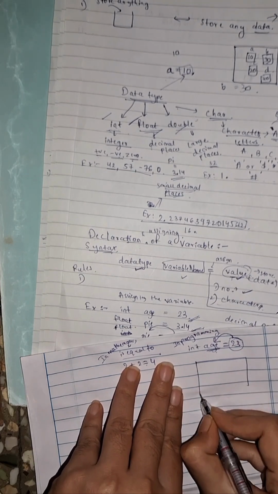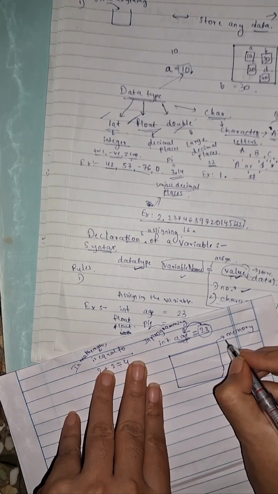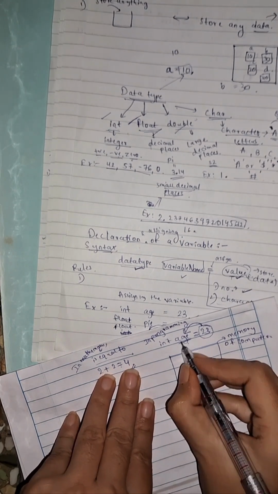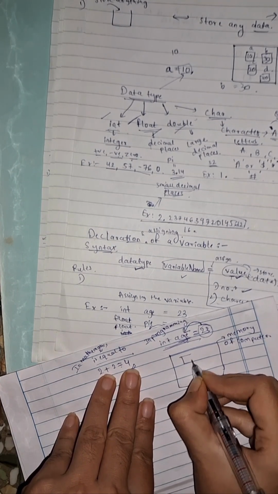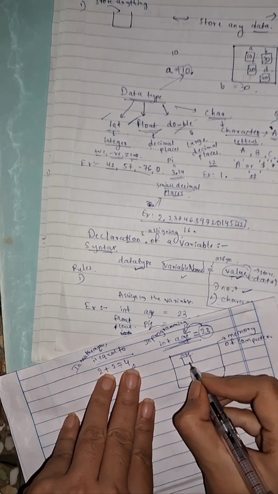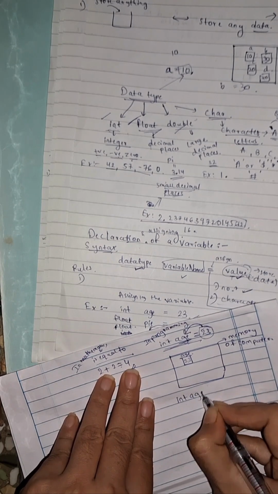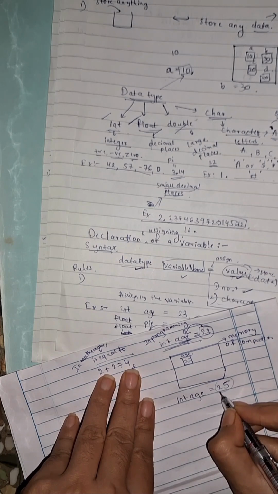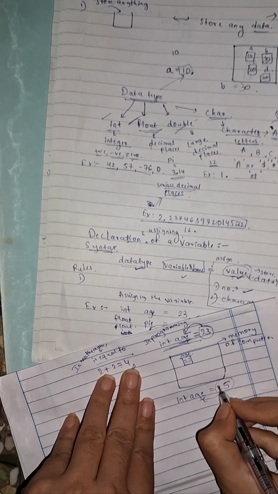Suppose this is the memory of the computer. Here I declared a variable, age. Here 23 is stored. Again, if I write int age is equal to 25, now this 25 value is assigned to this age variable. Now what will happen?